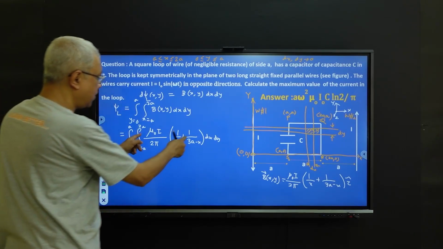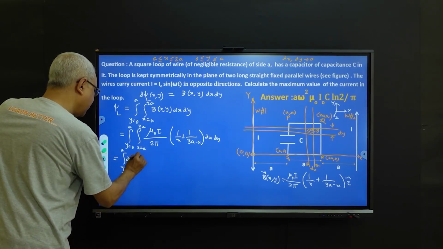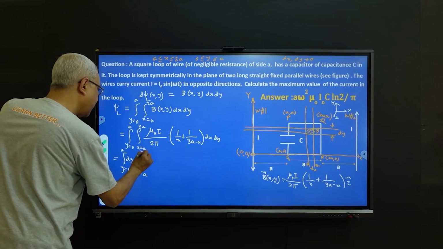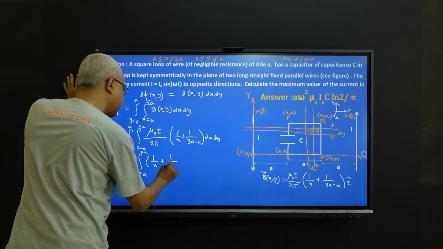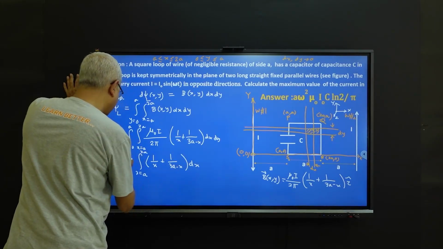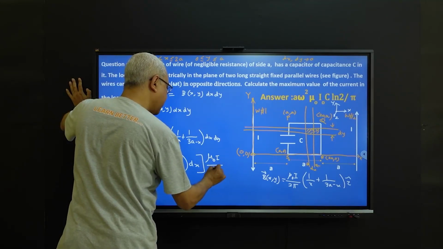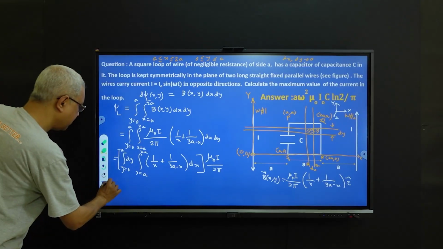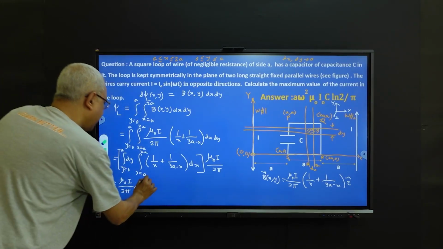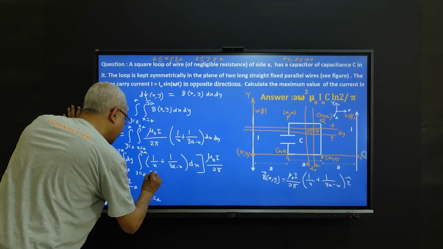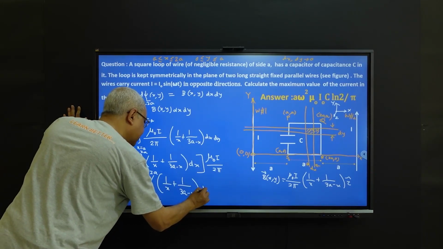I can write these quantities independent of y, so y equal to 0 to a dy, x equal to a to 2a, 1 by x plus 1 by 3a minus x dx, and the whole thing multiplied by mu naught I by 2 pi. So it is mu naught I by 2 pi, times a, times the integral from a to 2a of 1 by x plus 1 by 3a minus x dx.